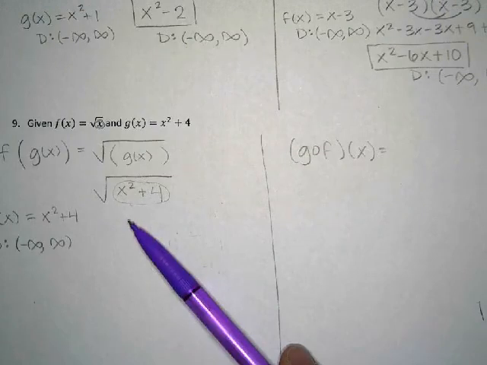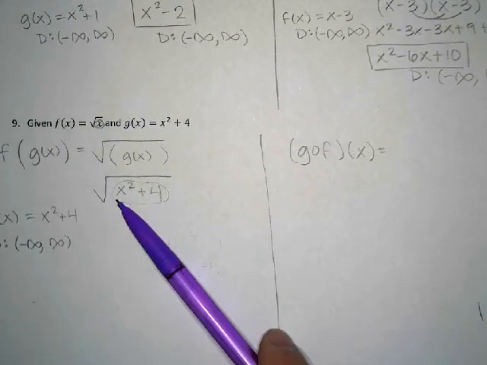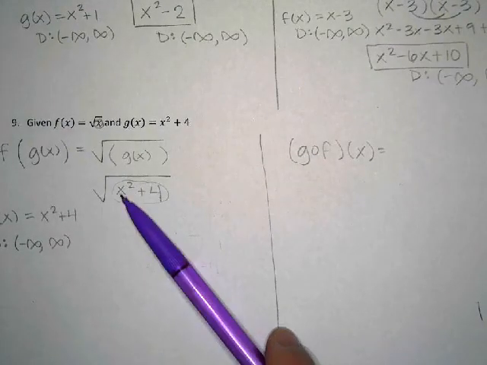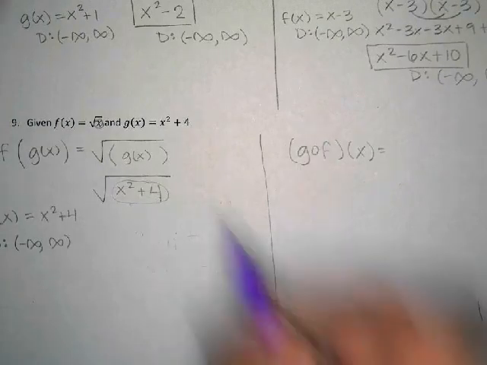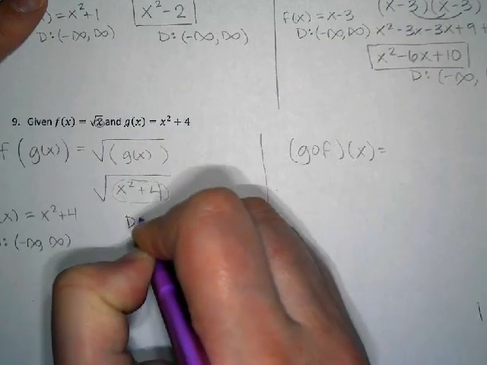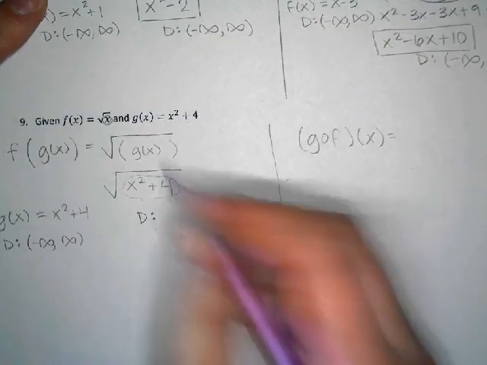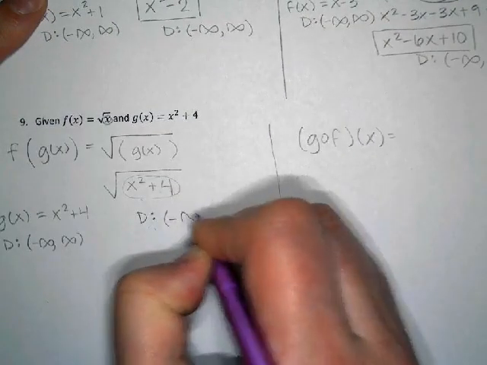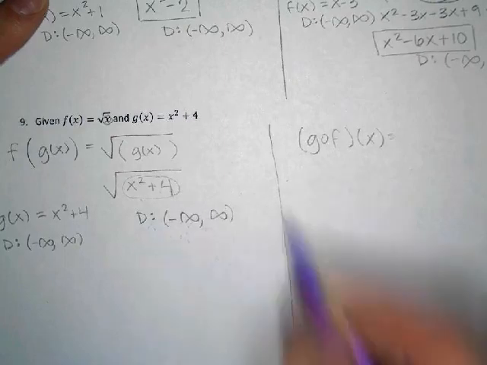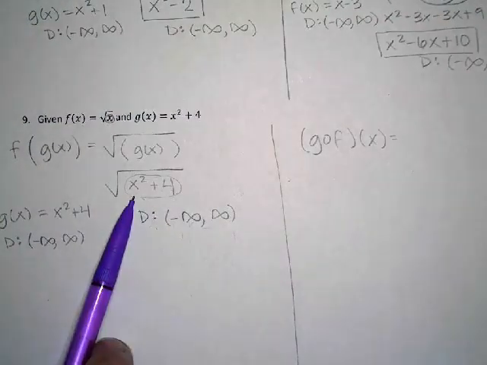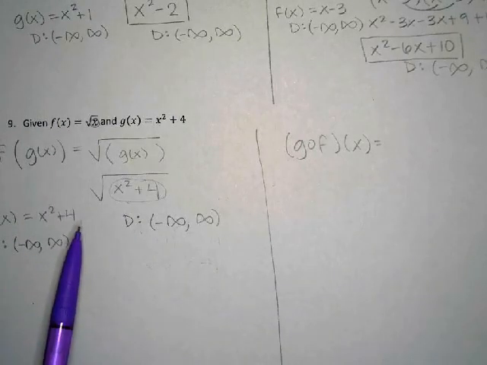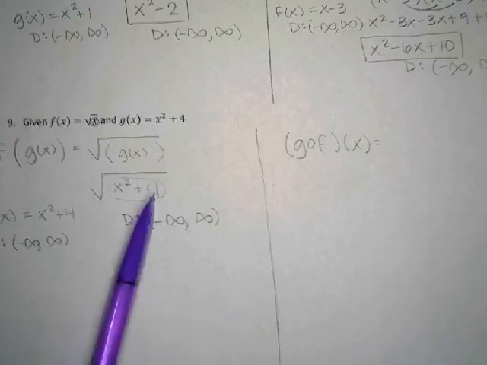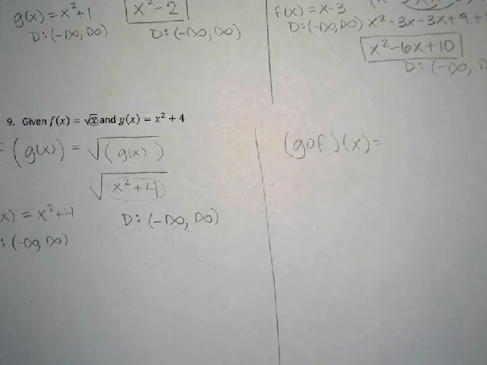So my domain here, the square root could have changed things, but my domain is actually still negative infinity to positive infinity, because even if I plug in a negative number, when I square it, it's going to become positive. And then a positive number plus 4 is going to be positive. So our result isn't very interesting, but it still made our brains hurt a little bit to get there.